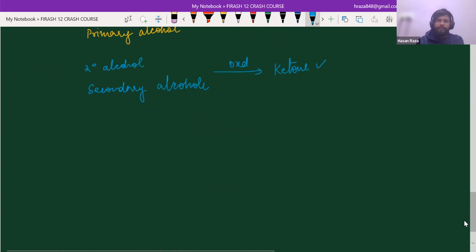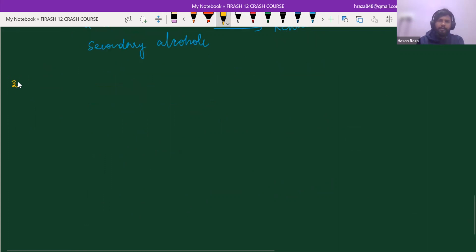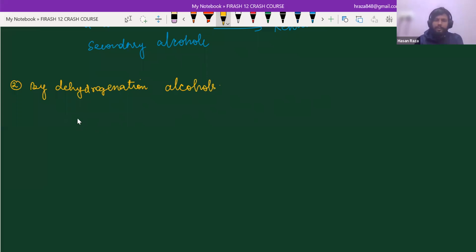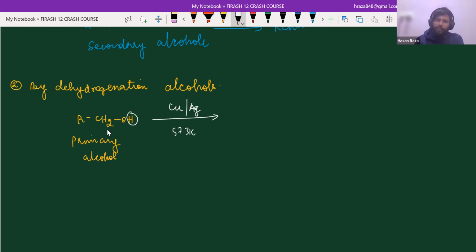Now the second method is basically by dehydrogenation of alcohols. You have also seen that if you have a primary alcohol, and you use this alcohol in vapor form and pass it over copper or silver at 573 Kelvin, the hydrogen from here and hydrogen from here will be eliminated, and this is what we get, aldehyde.